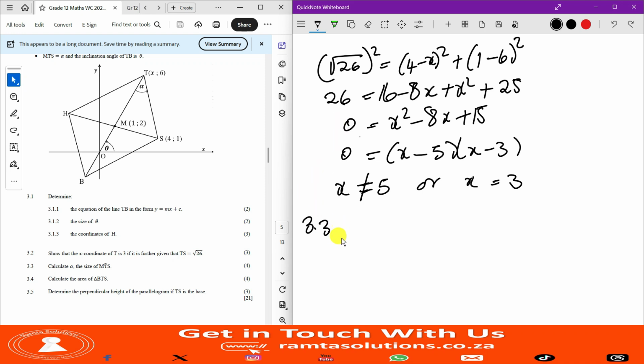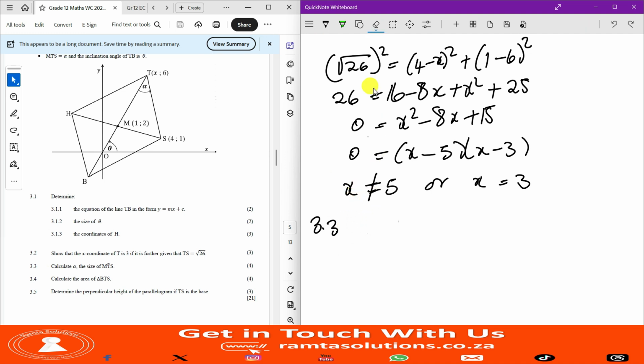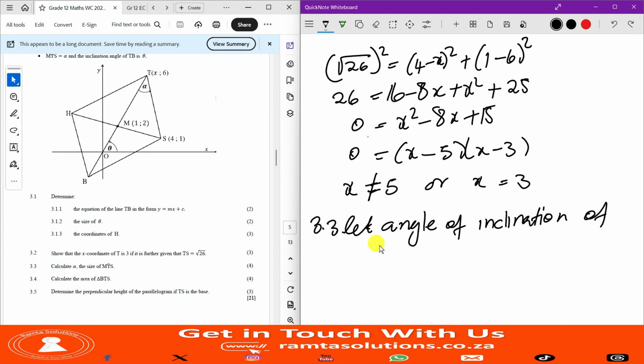So let me say, let the angle of inclination of TS be, ooh, I see we had theta, alpha. Should I try gamma? Okay, let me have gamma. Let it be gamma, okay? Guys, this sign is called gamma.